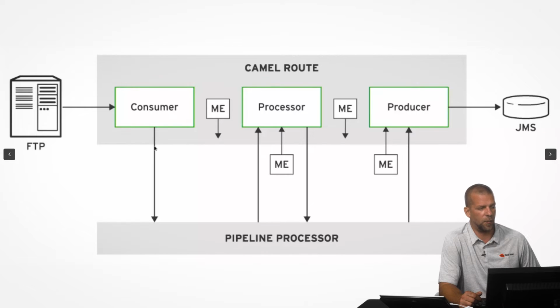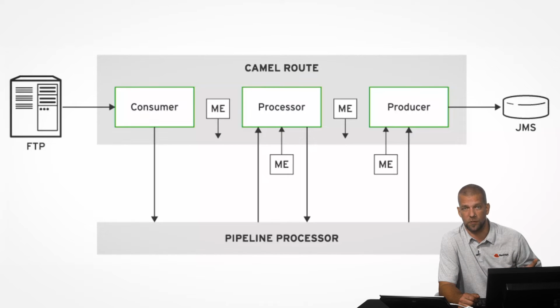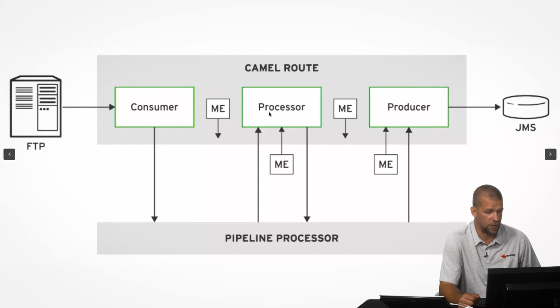So the consumer component creates a message exchange, delivers it to the pipeline processor, which then forwards it to one or more processors in the pipeline, which can do various transformations, can be EIPs, so integration patterns, which, for example, may split the incoming message into several additional exchanges, which may do filtering and so on.